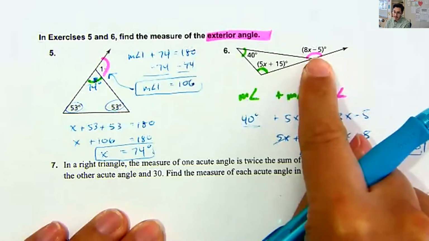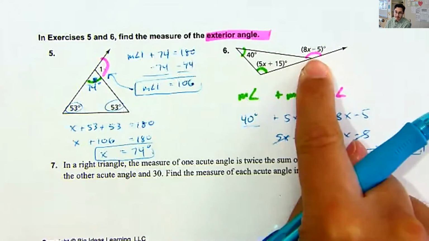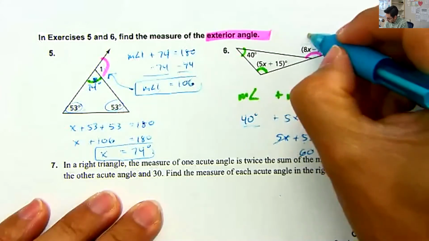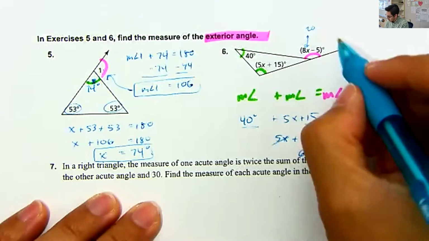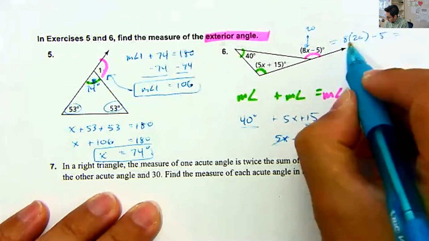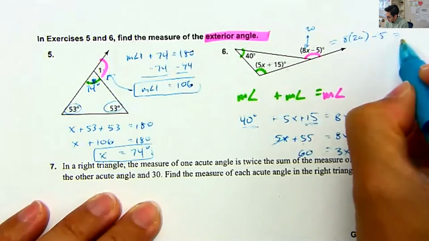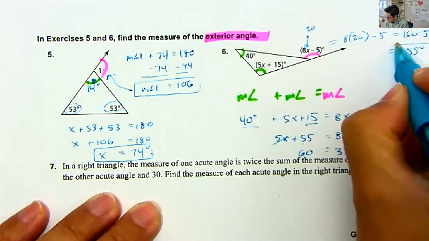This is not 20 degrees, right? 20 would be acute, and we can clearly see that the pink angle is obtuse. So what we need to do is substitute 20 as the value of x. So 8 times 20 minus 5, that's 160 minus 5, so 155 degrees.